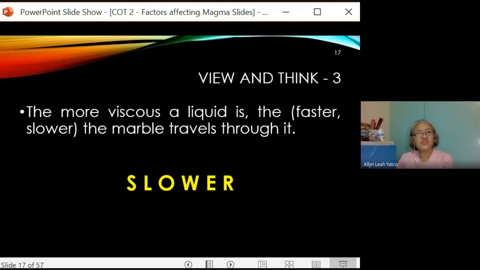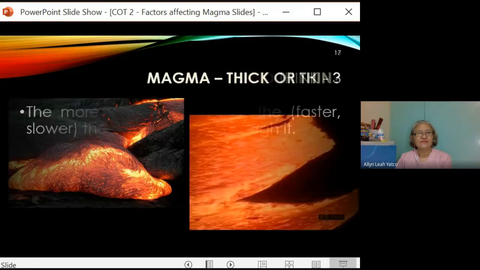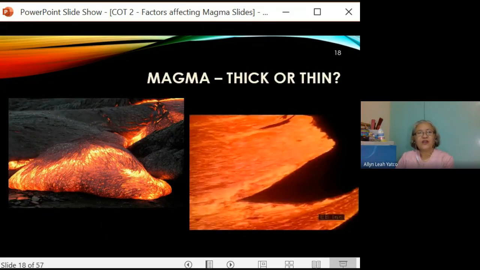So, the more viscous a liquid is, the slower the marble travels through it. Kapag malapot ang isang likido, mas mabagal ang pagtakbo ng holen doon sa likido. Now, if we are going to relate the different test liquids to magma, we could ask, is magma thick or thin?